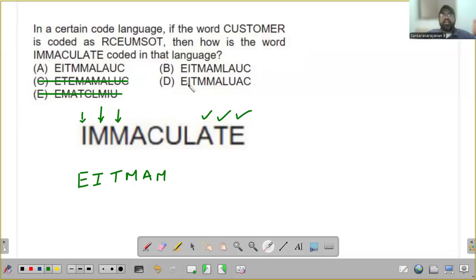When I am considering EITMAM, it is not coming here, so I can eliminate option D. And what about option A? EIT, it should be MAM. That is not seen happening in A, so I can eliminate this one also. You are going ahead with the correct logic here: EITMAM. The remaining four you don't need to check.